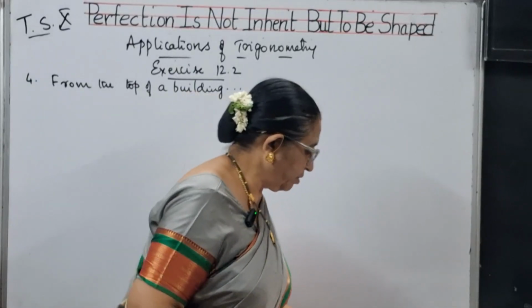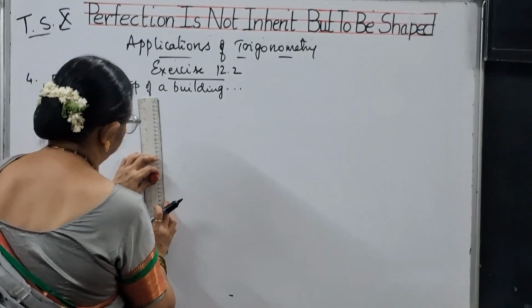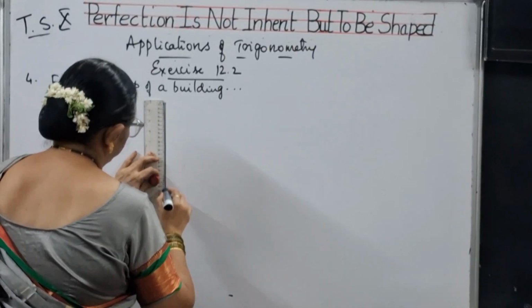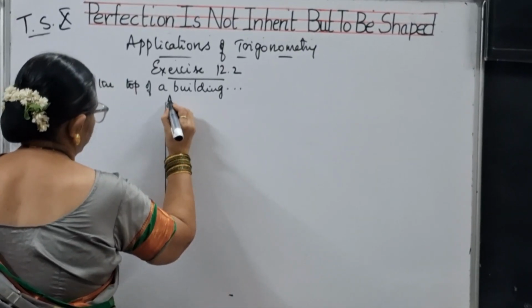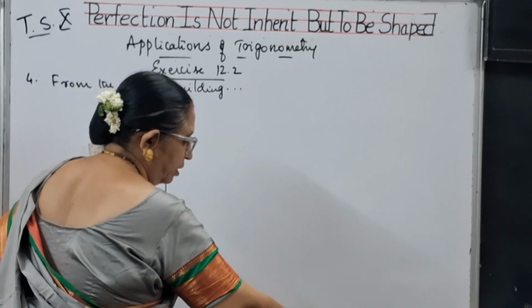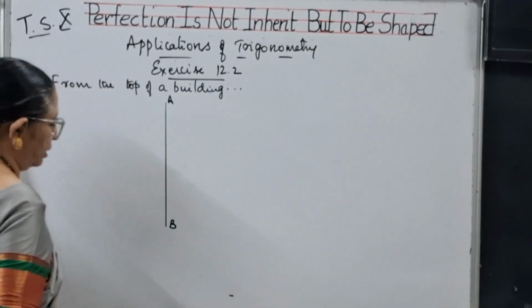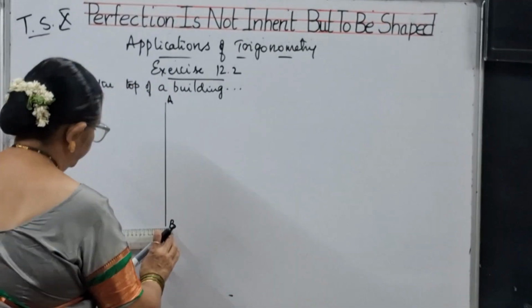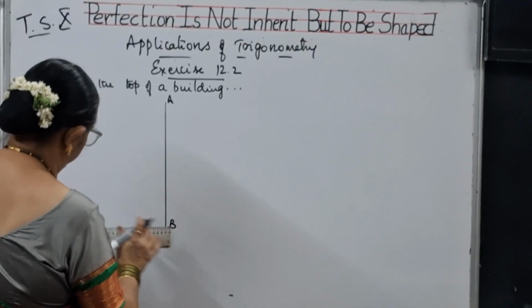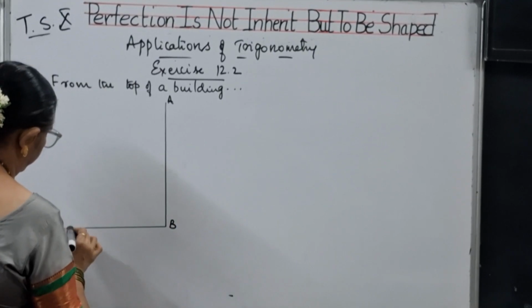So let us first draw the diagram that will give you an easy explanation. Let me draw. AB is the height of the tower, top and cell tower, and at a distance of 7 meters.